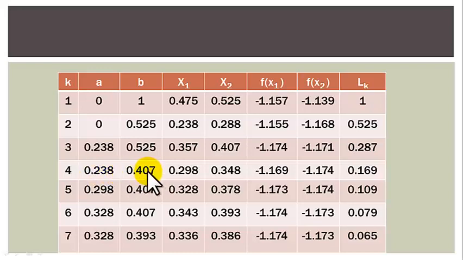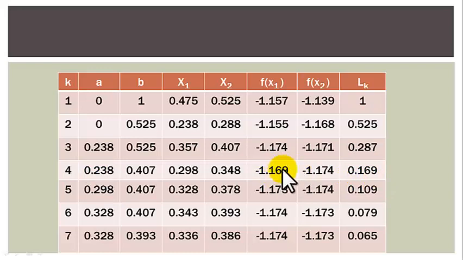Using this interval now, we obtain x1 to be 0.298, x2 to be 0.348. The value of f of x1 is minus 1.169, f of x2 is minus 1.174, and the length of the interval of uncertainty is this one minus this, which is equal to 0.169.